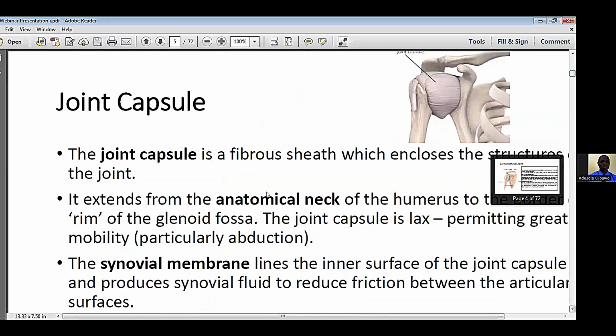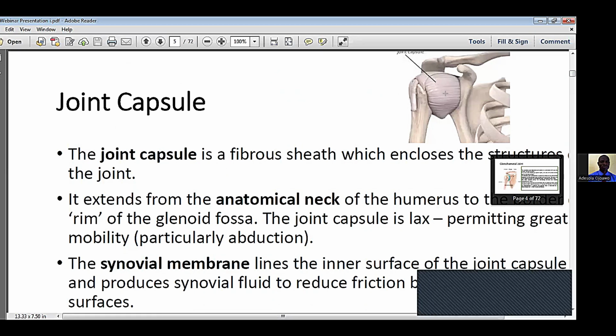There we have what we call joint capsule. And I try to put the picture of the capsule here. The capsule is like a cloth or a kind of bag that wraps the head of the humerus and joins to the edge of the fossa, and tries to hold the joint together.